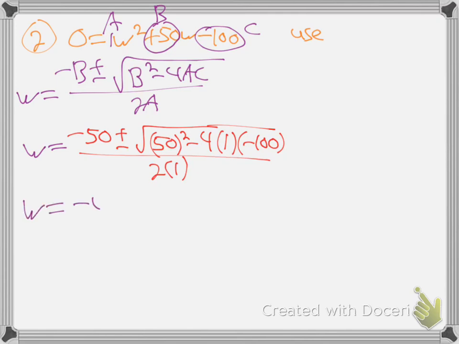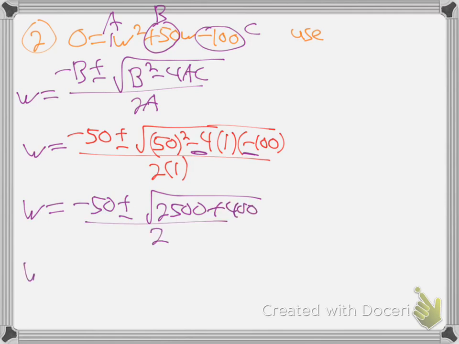W equals negative 50 plus or minus the square root of 50 squared, 2500, negative times negative, positive 400, over 2. So negative 50 plus or minus the square root of 2900 all over 2. Now, how do we simplify that?